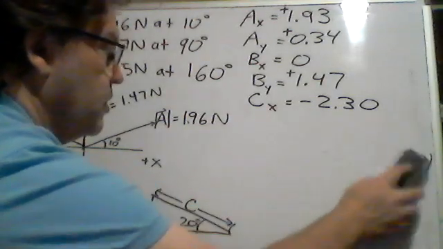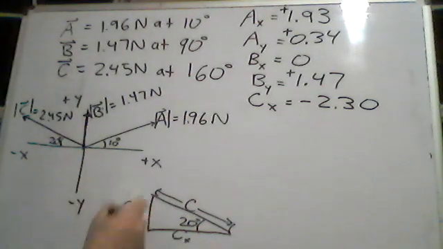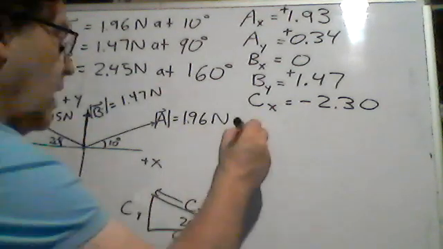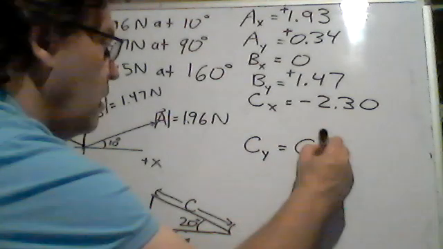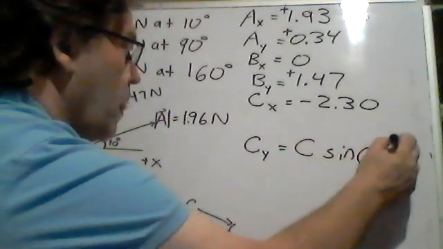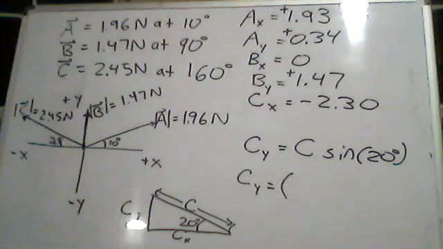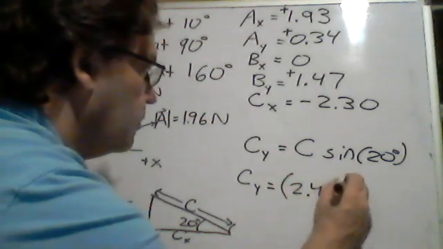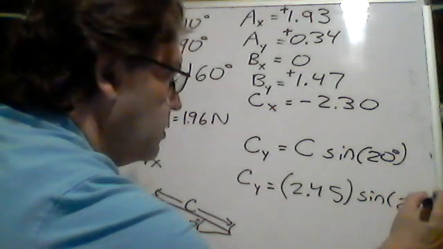Now this time we use the sine. All right, here we go. Now, c sub y is the opposite. Opposite over hypotenuse is the sine. So again, using the same math as before, c sub y is c sine of 20. C sub y is 2.45 sine of 20 degrees.